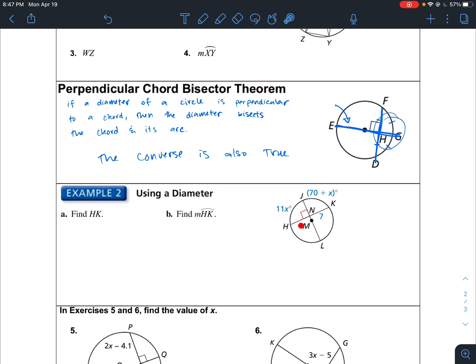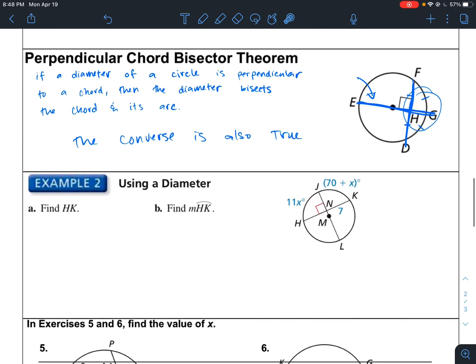So this segment HN has to be congruent to this segment. This arc length has to be congruent to this arc length right here. So HK, we want to find the measure of HK. So that's from here to here. So what is that distance? Well, we know that NK is 7, and we know that these are congruent. So this HN also has to be 7. So then H to K has to be 7.